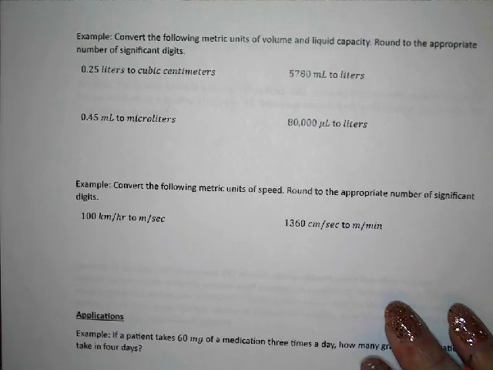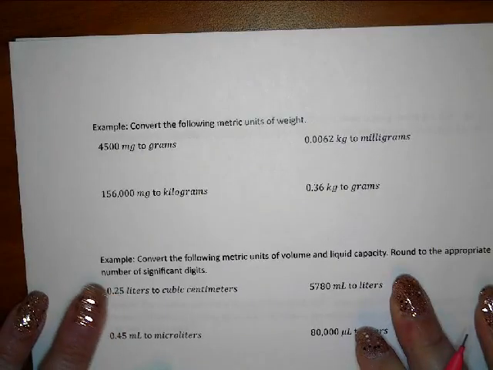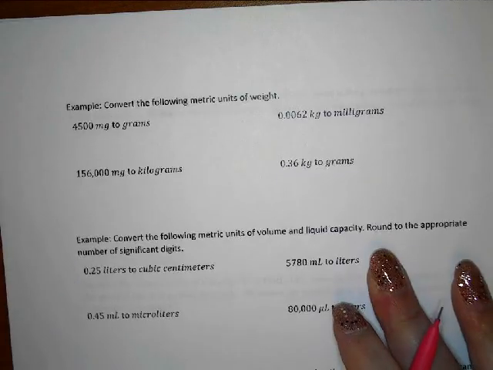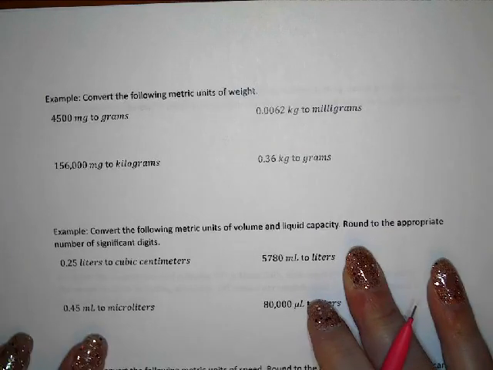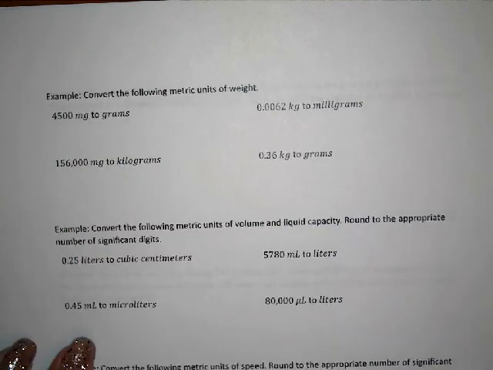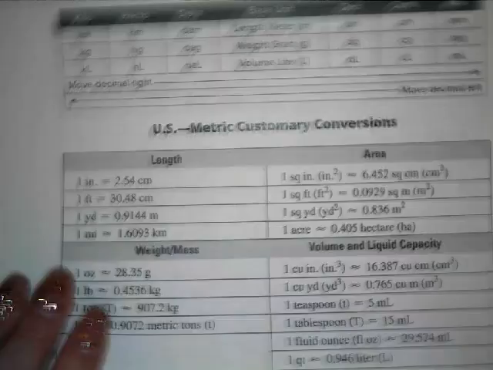All right, on the next page, we are converting different metric units of weight that we have. And so this says milligrams to grams, and I didn't print the chart on this page, so I'm going to have to use it on my conversion table up here.